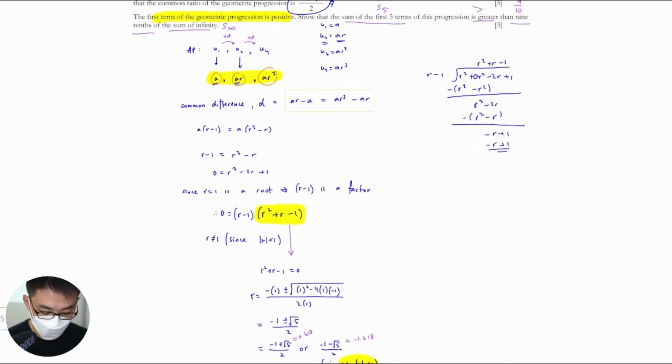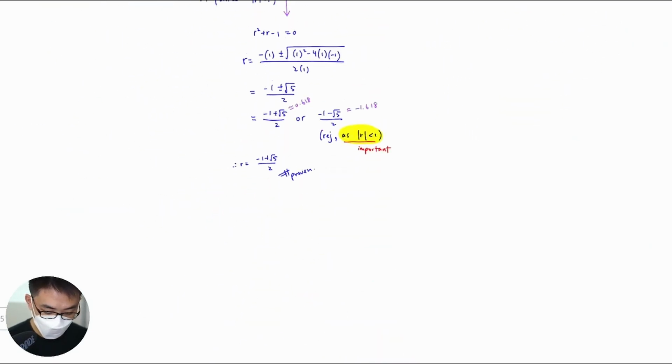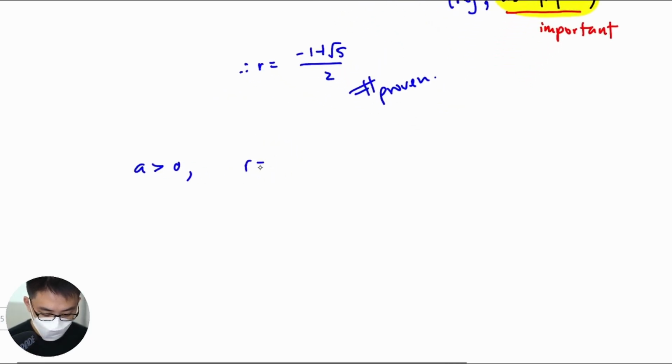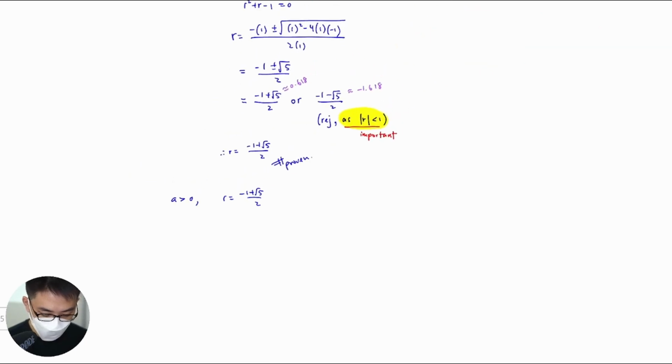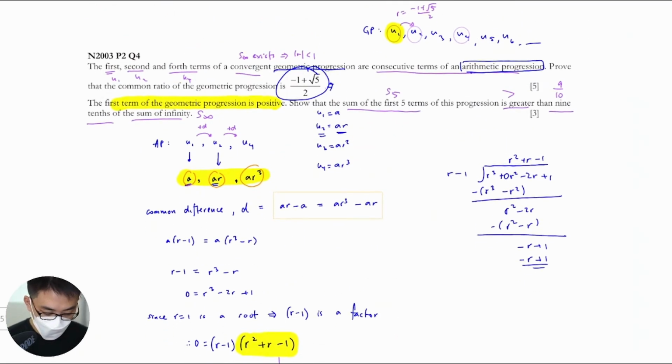The sum of the first 5 terms of a GP is greater.